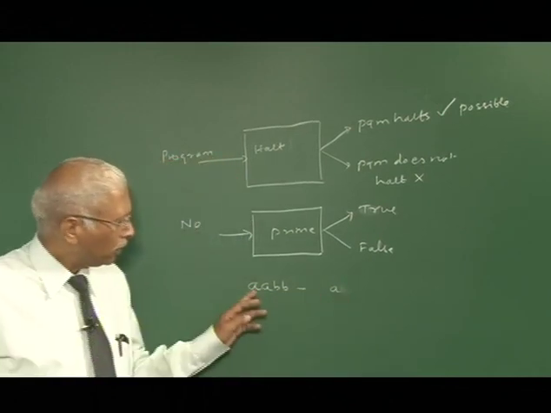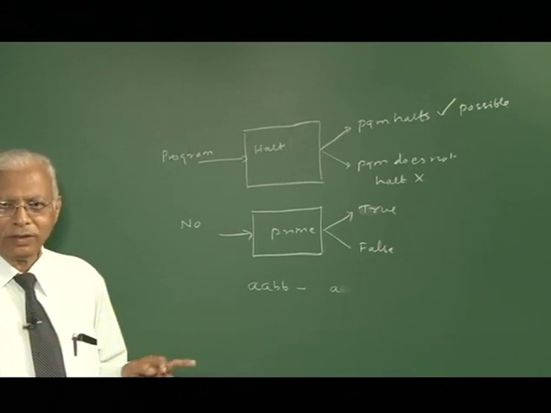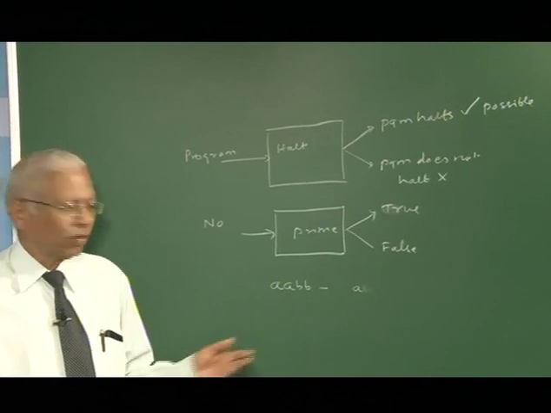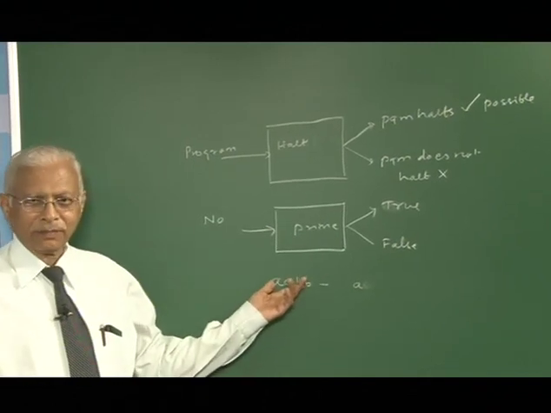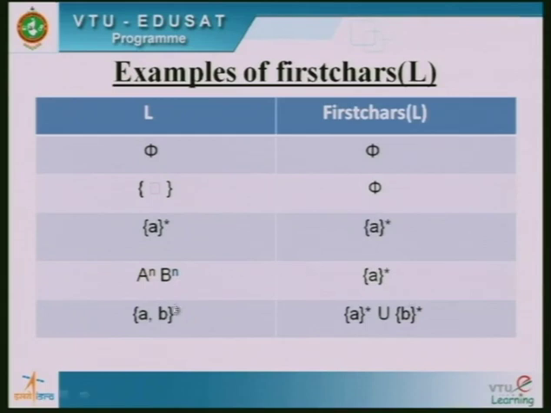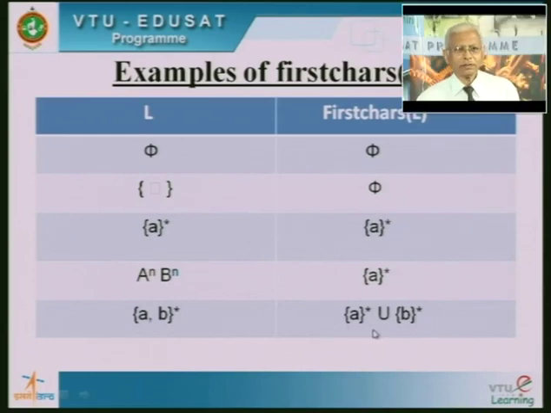That is how the first character is applied. That is why it is put as a star, because it caters for all the sets here. Similarly, if you have a combination of A plus B star, then A star can be there, union B star can be there. So, there can be so many first characters.